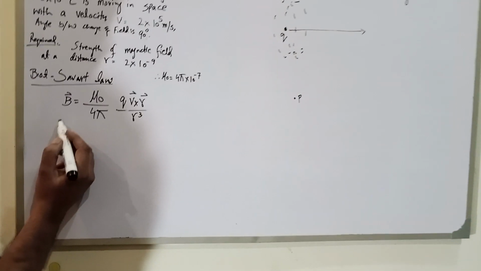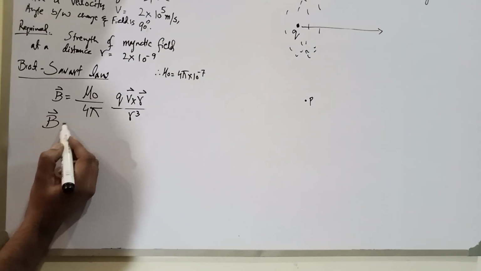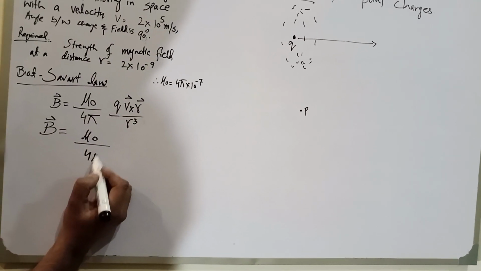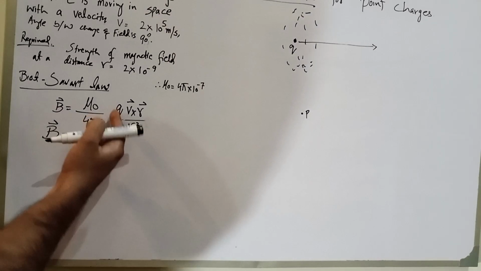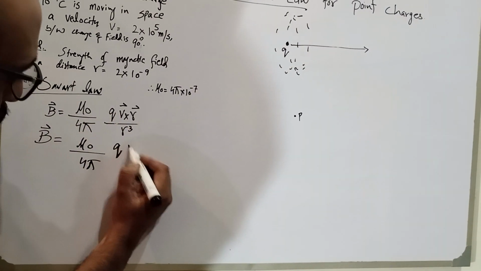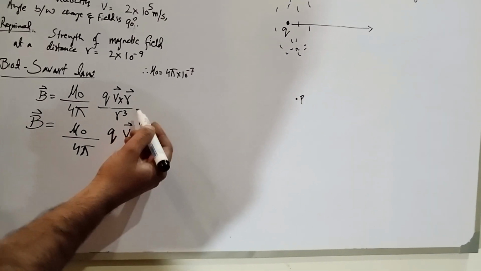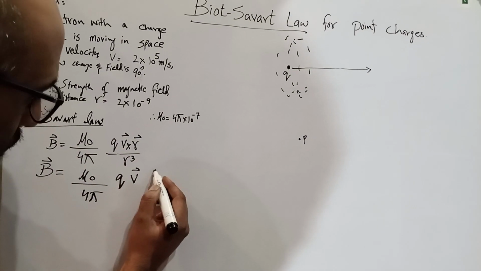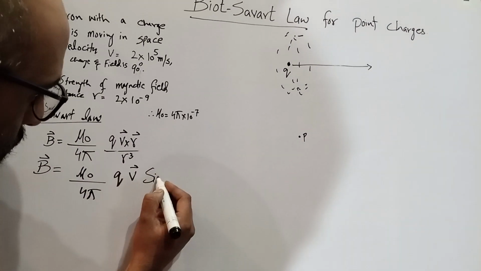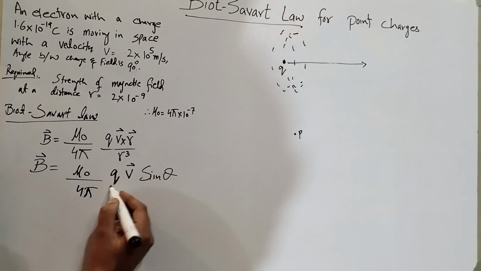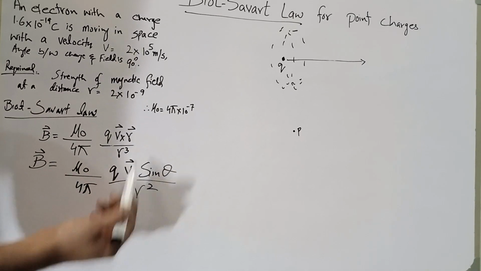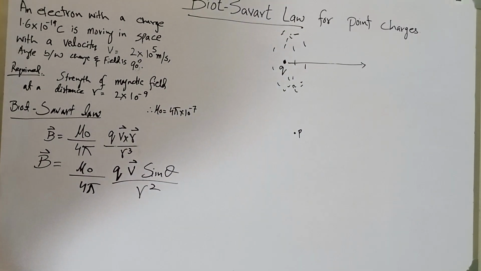Here is the formula, and I'm trying to simplify it. It's mu naught divided by 4 pi into q into v, which is a vector. Now one r will cancel, and the cross product will bring the sine theta. The r squared, one r is cancelled with this r, so we have a form like this.